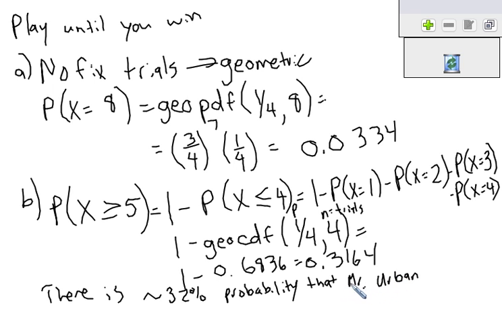Anyways, there's a 32% probability that he will buy 5 or more tickets before he wins, and obviously a 68% probability that he would win before that.